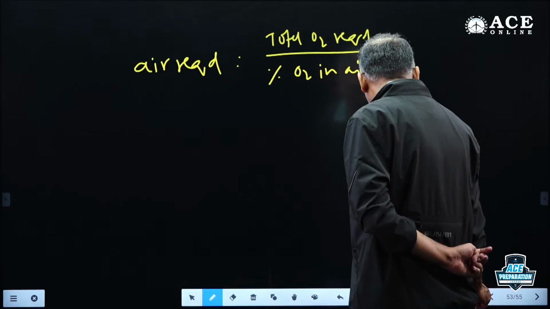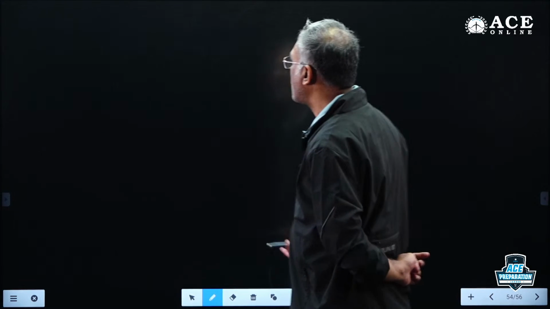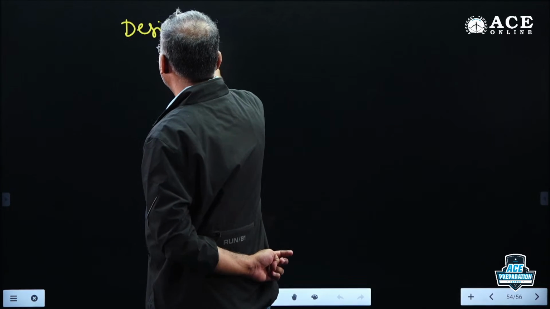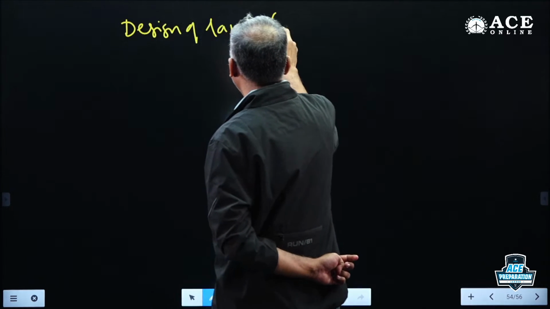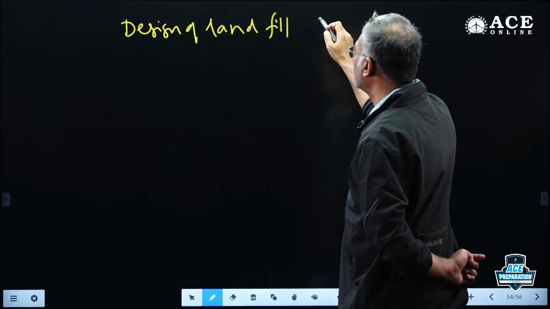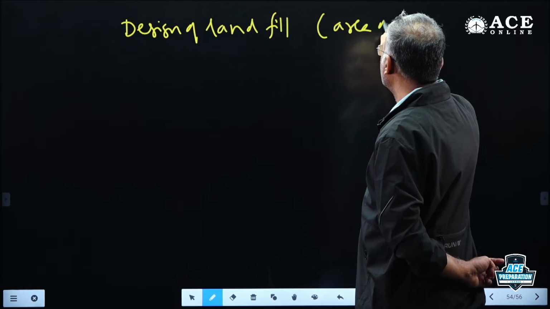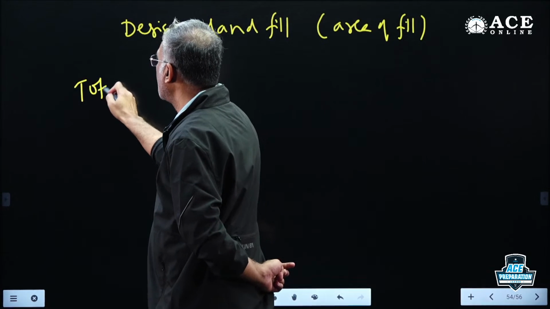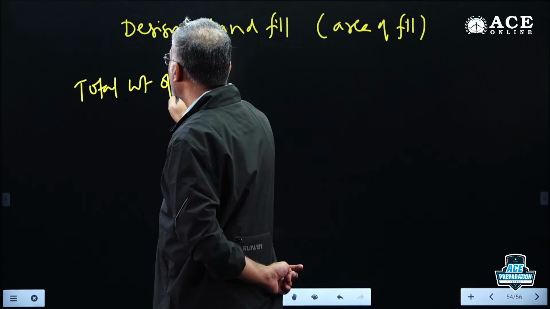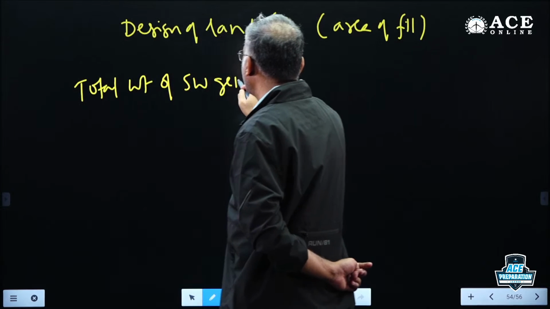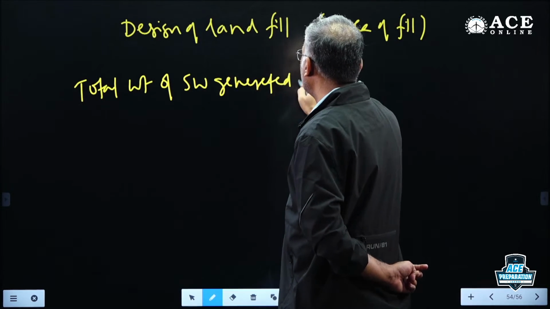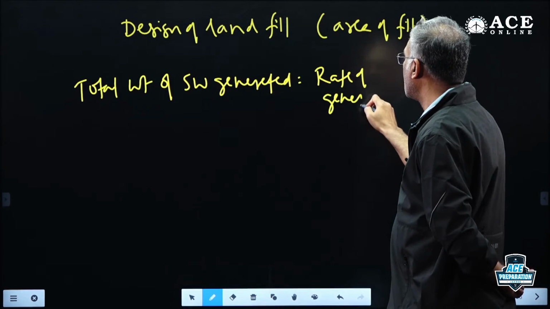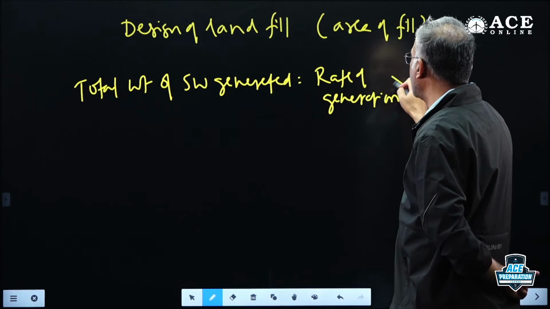In solid waste management, a very important thing they are asking nowadays is the design of a landfill. Design of a landfill means finding the volume of the fill or the area of the fill. For this, you first work out the total weight of solid waste generated in a given time: the rate of generation times the population times the number of days for which the fill is to be designed.